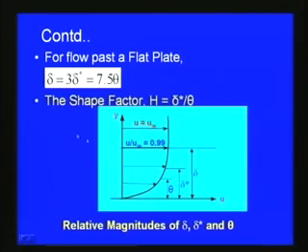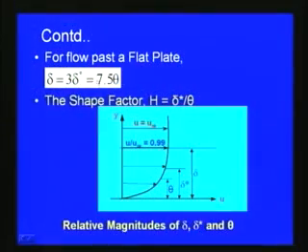And for flow past a flat plate, we have seen the typical case. If we consider the displacement thickness delta star and momentum thickness theta, then experimentally, or we can show this for various cases, the boundary layer thickness delta is equal to 3 times delta star, the displacement thickness, that is equal to 7.5 times the momentum thickness.